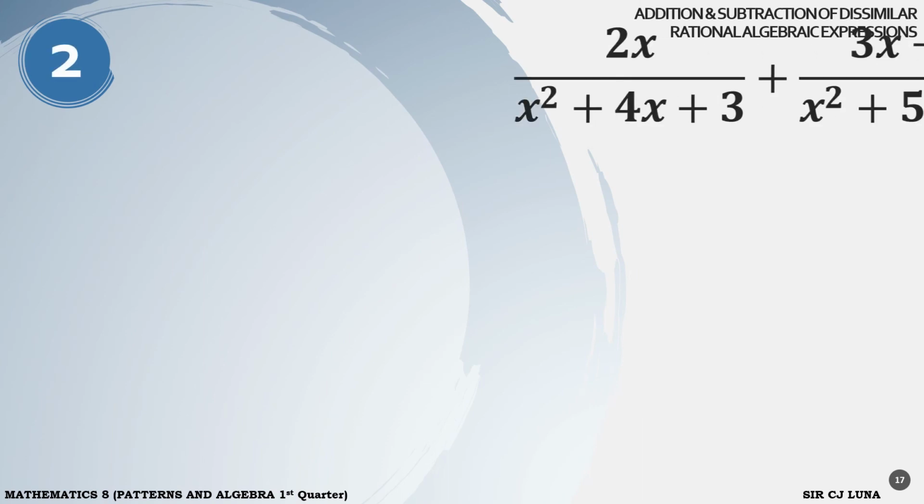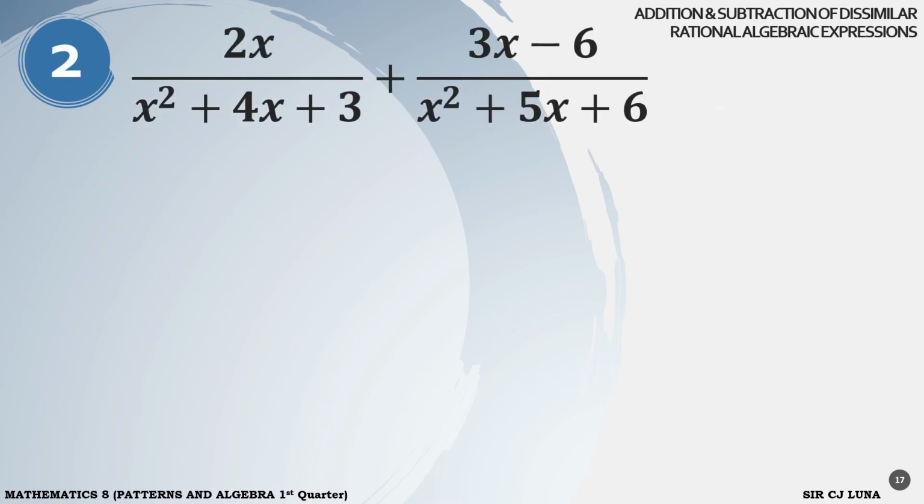Example number 2. 2x all over x squared plus 4x plus 3 plus 3x minus 6 all over x squared plus 5x plus 6. Okay? So dito, ang ating denominators ay parehong trinomials. Okay? So paano mo kukunin yung kanilang LCD?